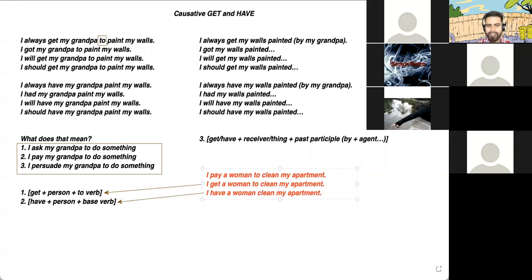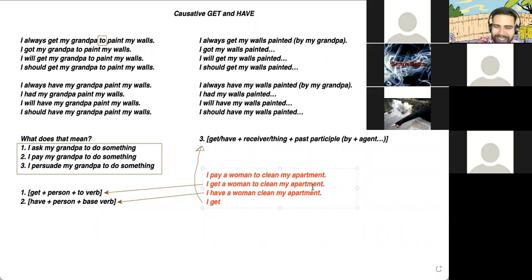And Suri, are you ready? Yes. All right. I want you to make a sentence using the third formula. This is the hardest one. Let's use get. I get my mom.